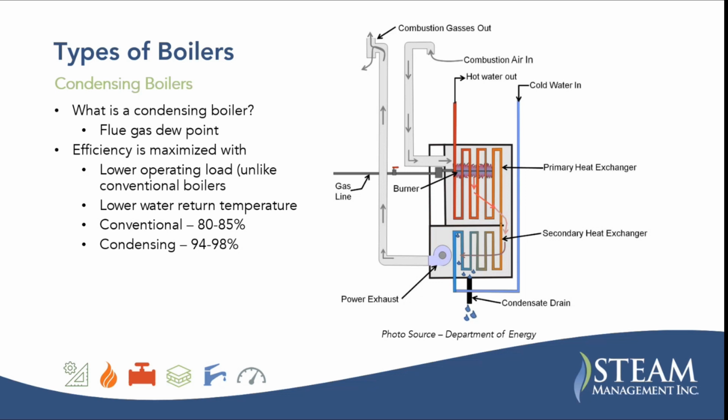In a conventional boiler, 80 to 85% efficiency is typical. It can be pushed higher, but that's a typical range, and it's also frequently lower. But in a condensing boiler, you're going to get 94 to 98% efficiency if you're able to get that condensate out of the flue gas.